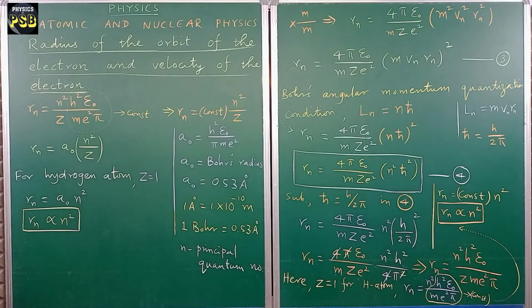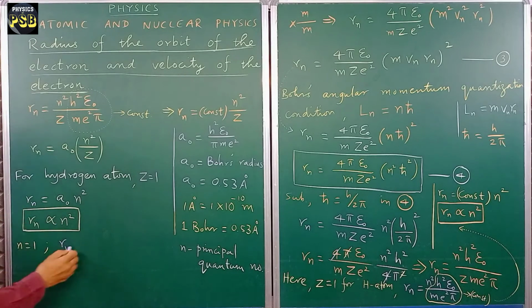Okay, now suppose the electron is present in first orbit. When the electron is present in first orbit, then we take n equals 1. Then this equation becomes equal to R1.